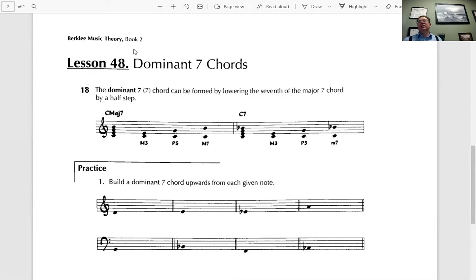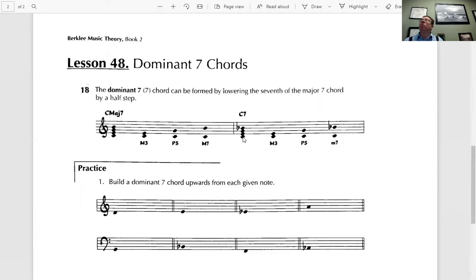The dominant seventh chord can be formed by lowering the seventh of a major seventh chord by a half step. Yes, that is one way of how to spell it. You're going to see here there's your major seventh, and then it shows you what we just did in the last lesson, and then how to make a dominant seventh chord.